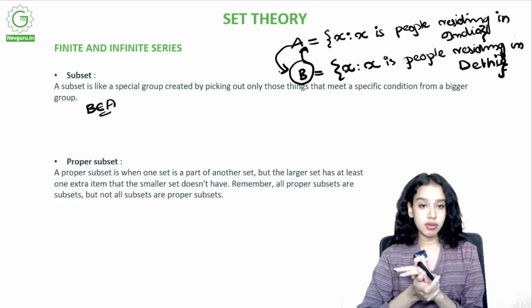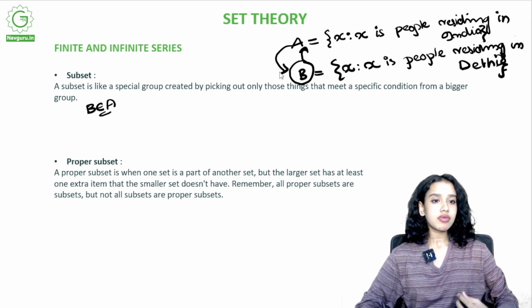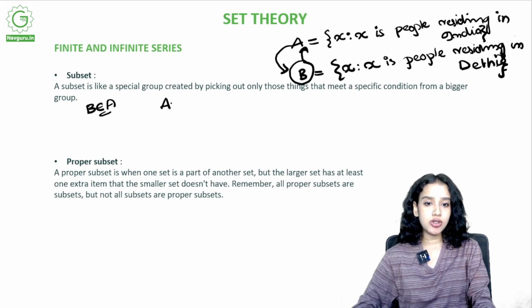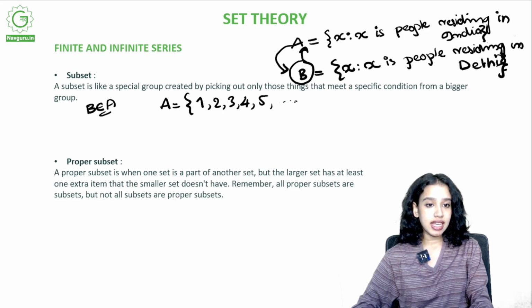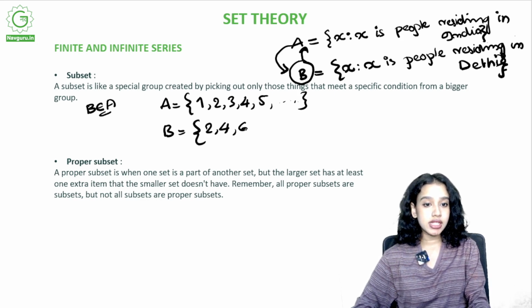Let's take another example, right? So let's say we have a set of natural numbers: 1, 2, 3, 4, 5, etc. Now we have a set of even numbers: 2, 4, 6, 8, and so on, right?